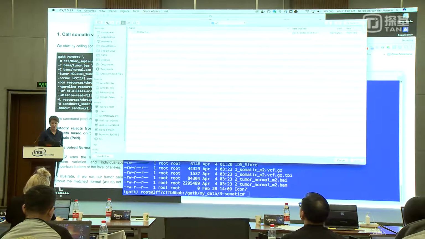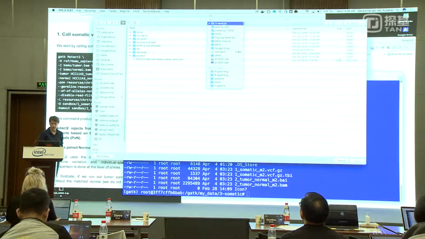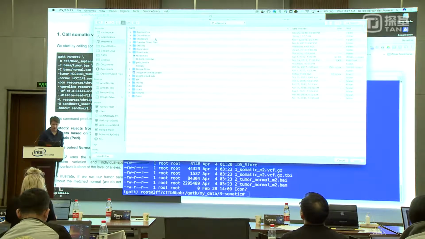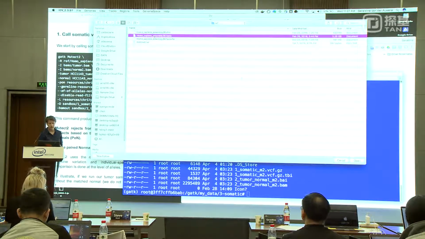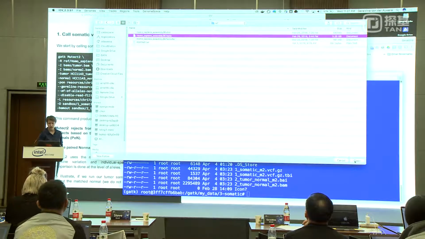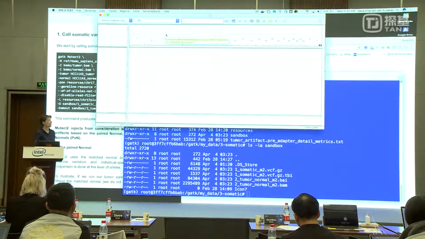In ref, you should find Homo sapiens assembly 38, which is our human genome 38, HG38, also called GRCh38, because why not have a bunch of different names for the same thing?